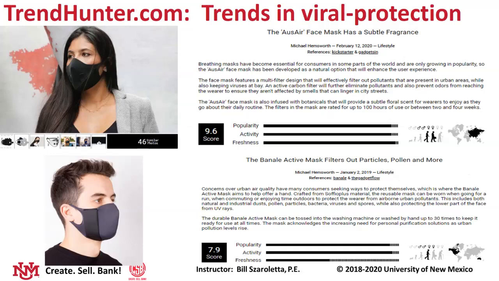Now, what Trend Hunter does is it'll give you a popularity and activity and a freshness and they'll, I don't know if it's an average or it's a root mean square, to come up with their 9.6 score, which is a high score. And they'll do that for each one of these particular products, and they'll show which part of the country or which part of the world they're good in.